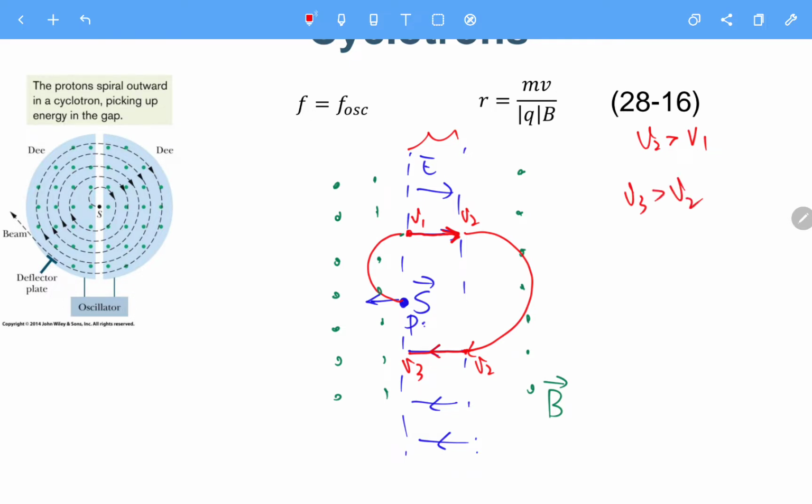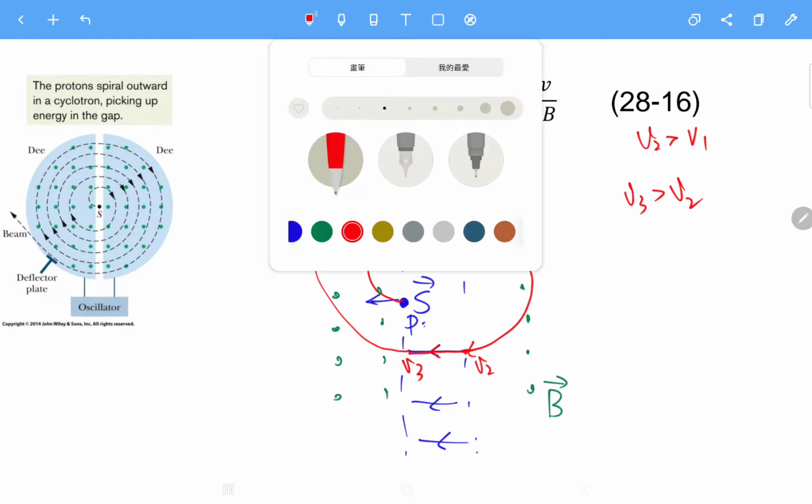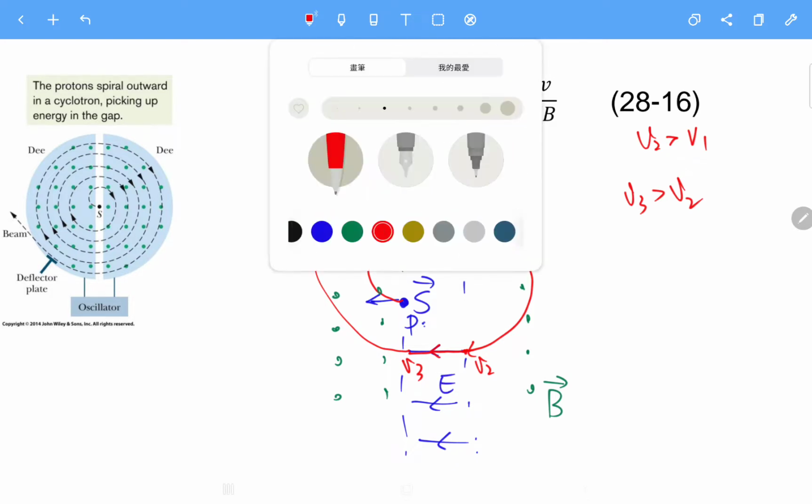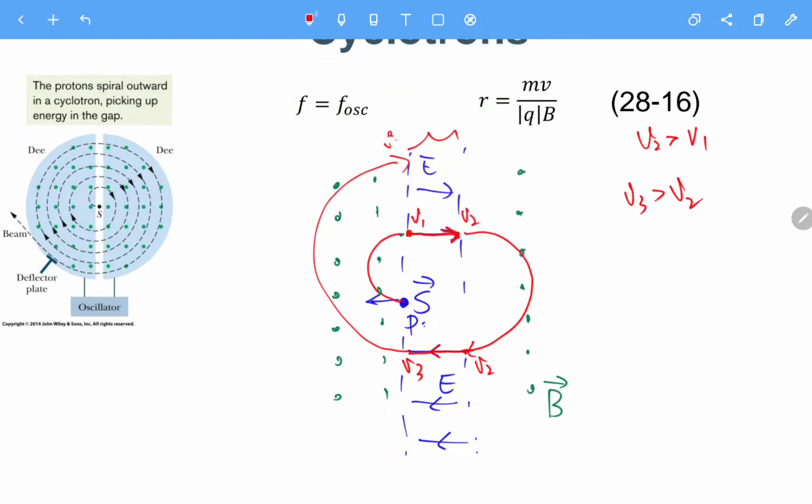So V3 is larger, so the radius here is also larger. So it becomes like this, goes to here, and then at this moment, we make the E field point to the right side again. So this is V3, and the E field points to the right side, and then it becomes V4 here. So on and so forth.